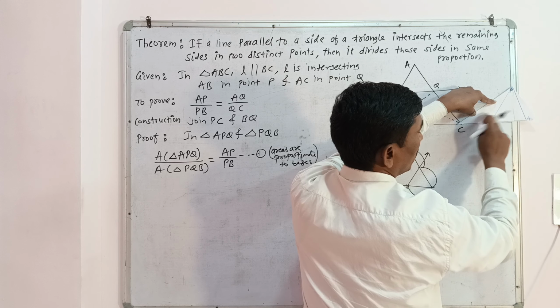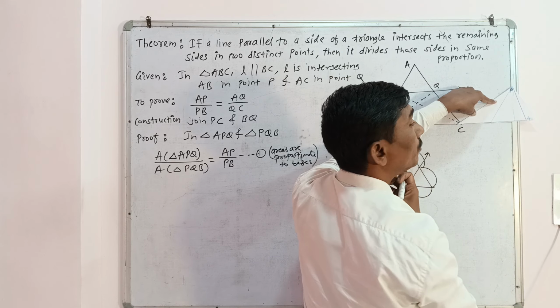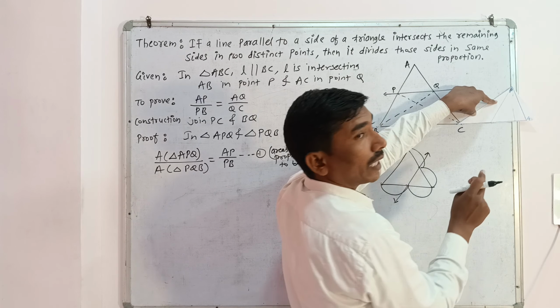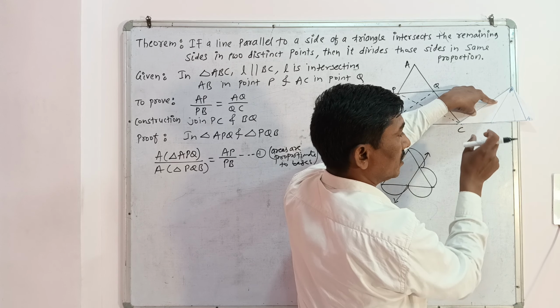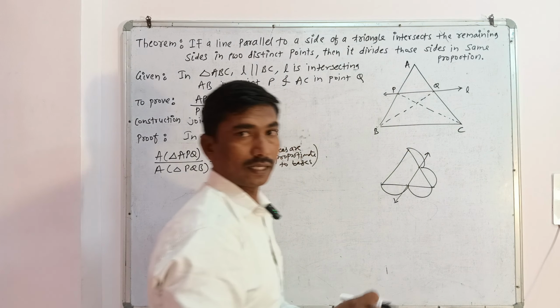So again, for these two triangles there is a perpendicular height which is common to both. So if you take the ratio of these two triangles, the ratio of their areas will be equal to the ratio of their bases, isn't it?